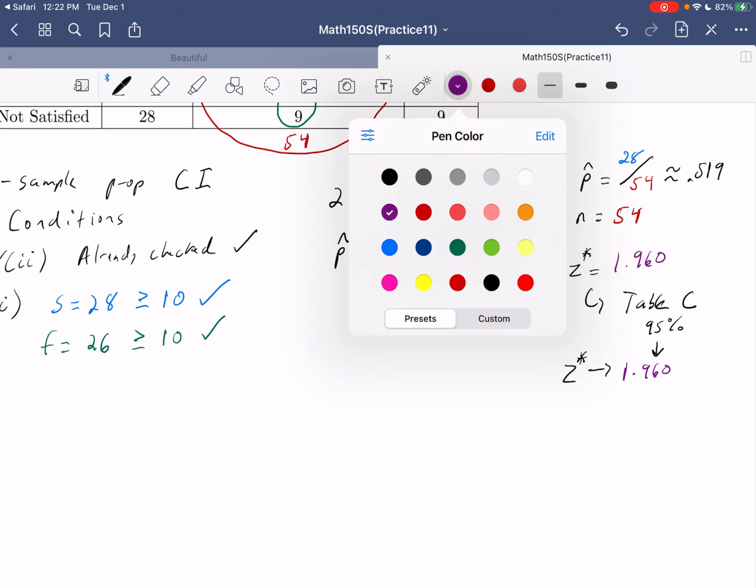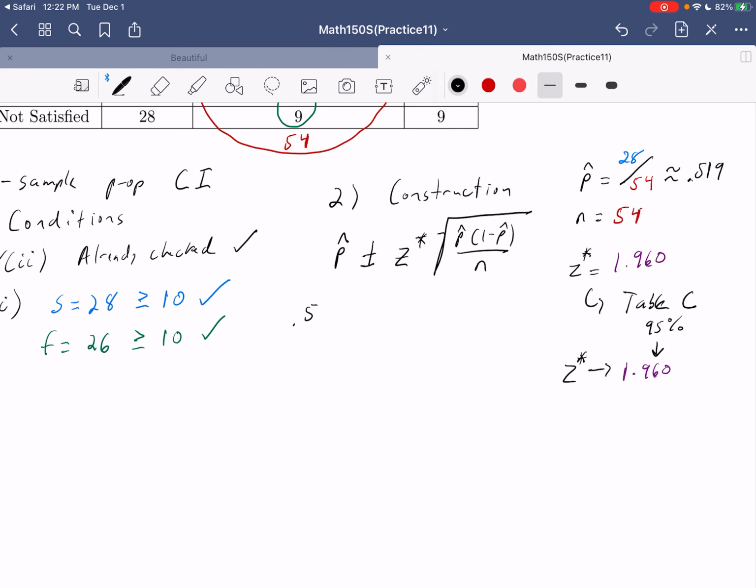All right, let's go ahead and plug all that stuff in. So we have 0.519 plus or minus 1.960 square root 0.519, 1 minus 0.519, and then divided by that 54 there. So let's go ahead and calculate that margin of error first on our calculator.